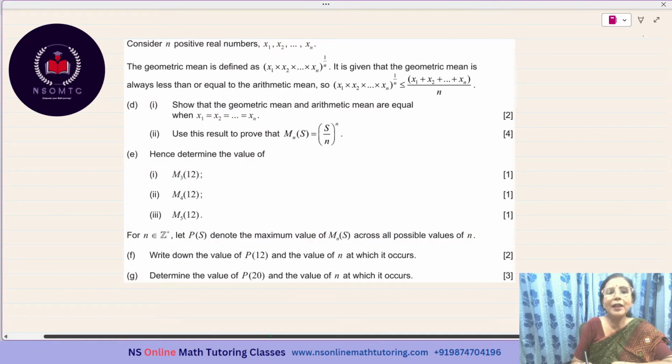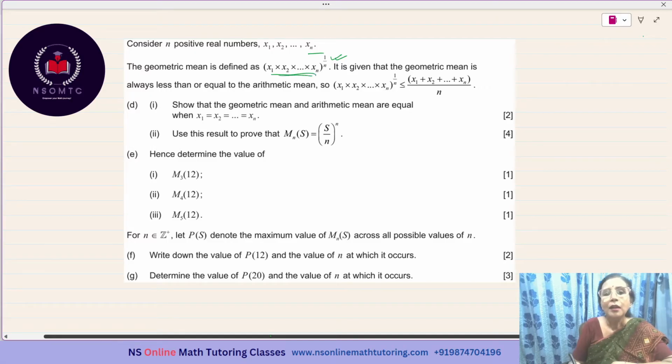Consider n positive real numbers x1, x2, x3 and so on up to xn. The geometric mean is defined as (x1 times x2 times x3 dot dot dot up to times xn) whole raised to the power of 1 over n. That means it is the nth root of the product of these n positive real numbers.